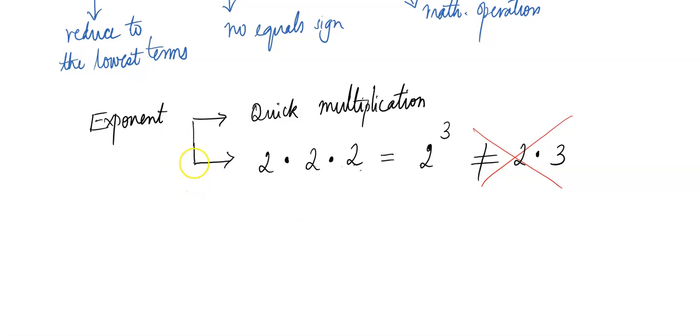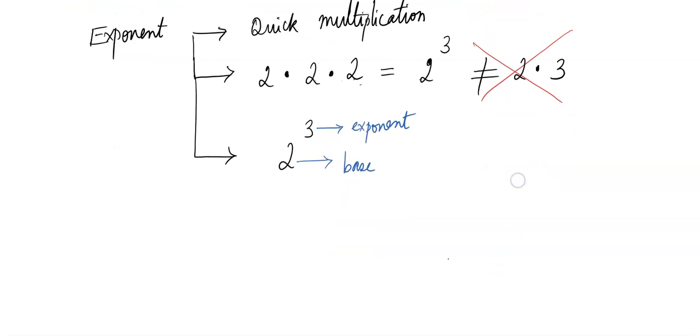Well, 2 power 3, let's write that here. This thing here, the 2 in the bottom, is called the base, and this 3 here is called the exponent. Okay, I usually use this example of a flag and a flagpole. Okay, so think of the flag and the flagpole here.